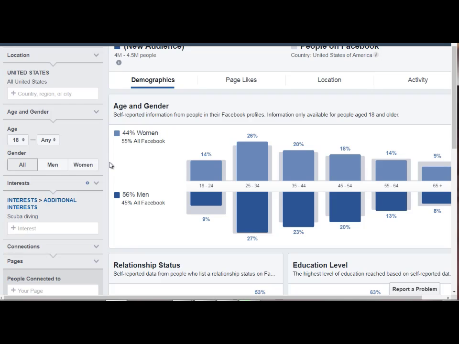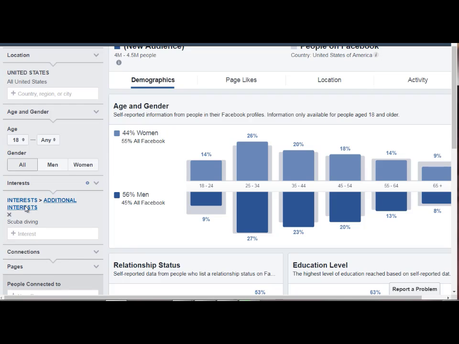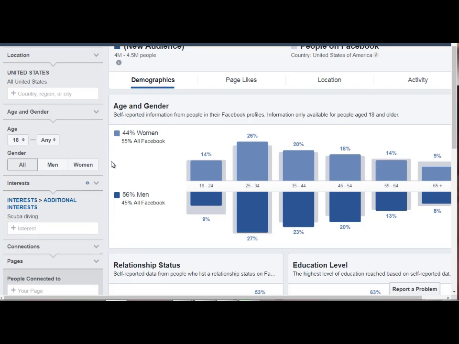Now, this is really interesting about Facebook. In order for them to be put into a specific interest, they have to have gone to websites that are related to scuba diving. So you can get more specific if you enter that in here.